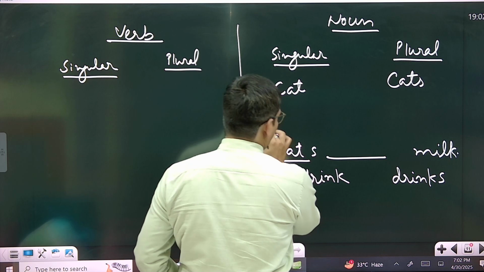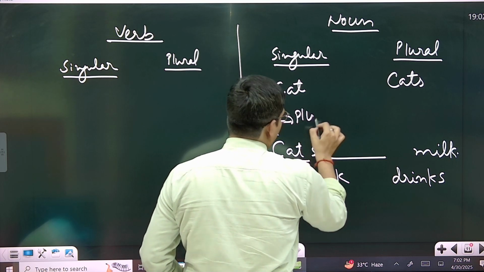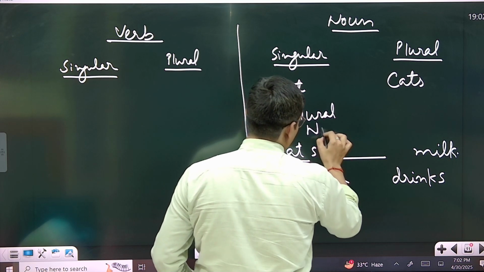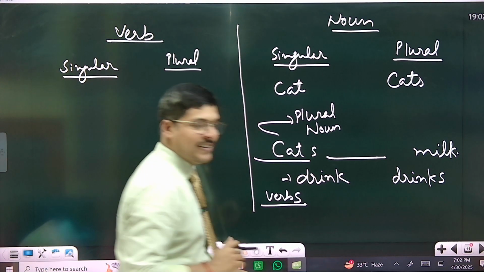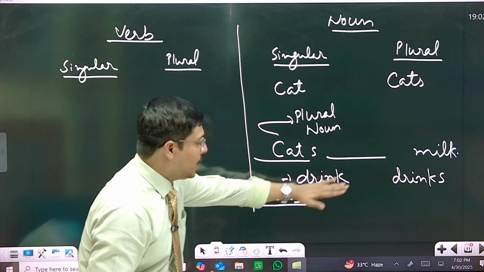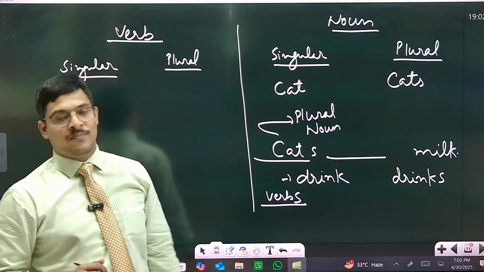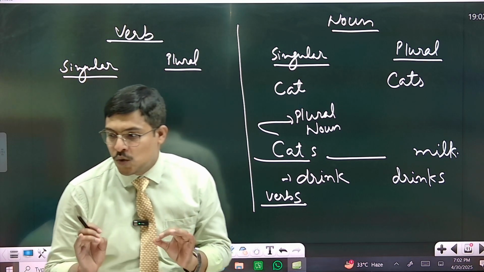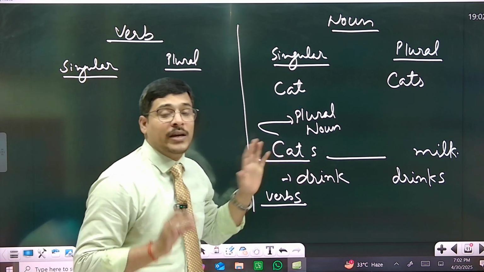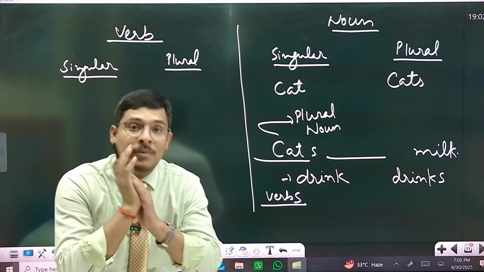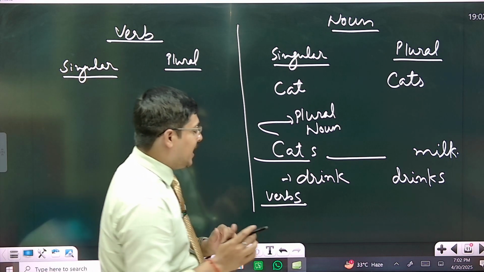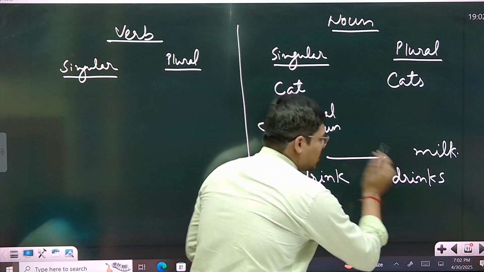Here this cats is a plural noun, or say plural subject. Whether to use drink or drinks. Naturally, it is understood that with a plural subject, we have to use a plural verb. Now, we have to decide whether this one is plural or this one.